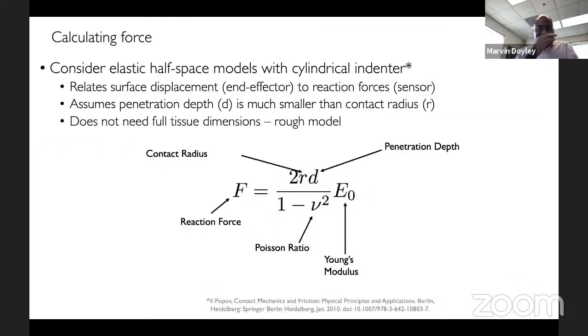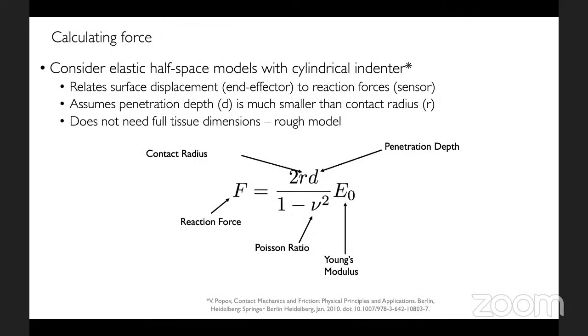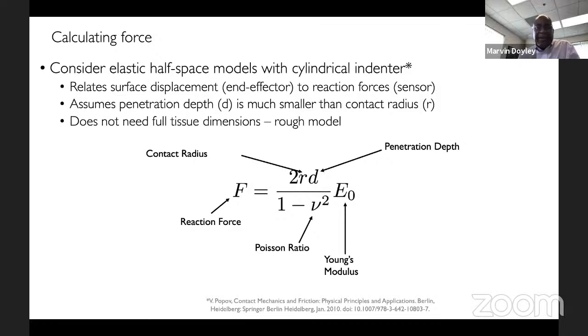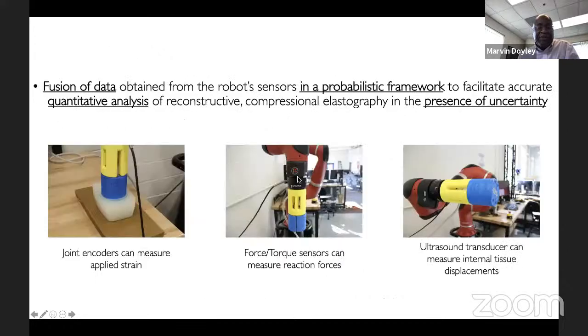Mm-hmm. Okay, all right. So here's how we calculate the force. The force that the robot is applying is going to be a function of how deep we want to penetrate, Young's modulus, the Poisson ratio, and the radius. In here is our ultrasound probe, and this is the radius of this little disc.